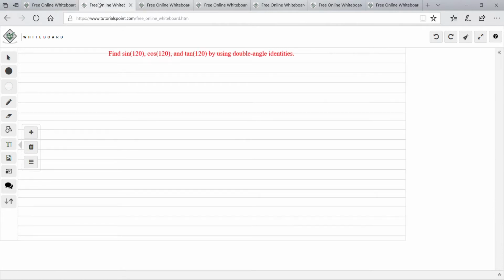So the first problem says, find sine of 120 degrees, cosine 120 degrees, and tangent 120 degrees by using double angle identities. So we want to find the sine of 120, cosine of 120, and tangent of 120.